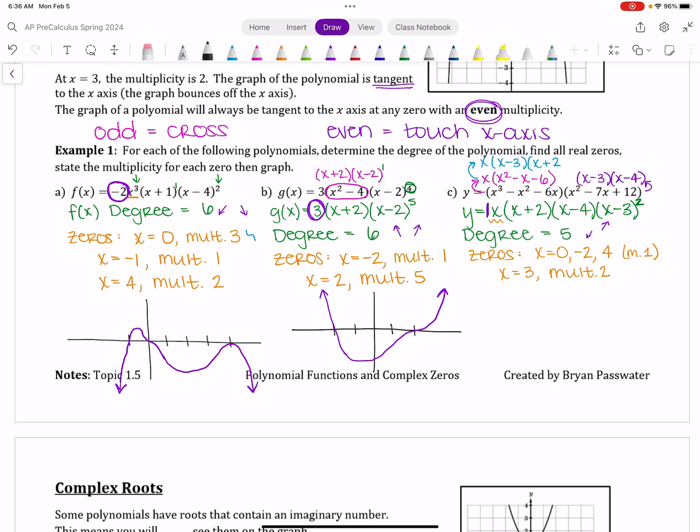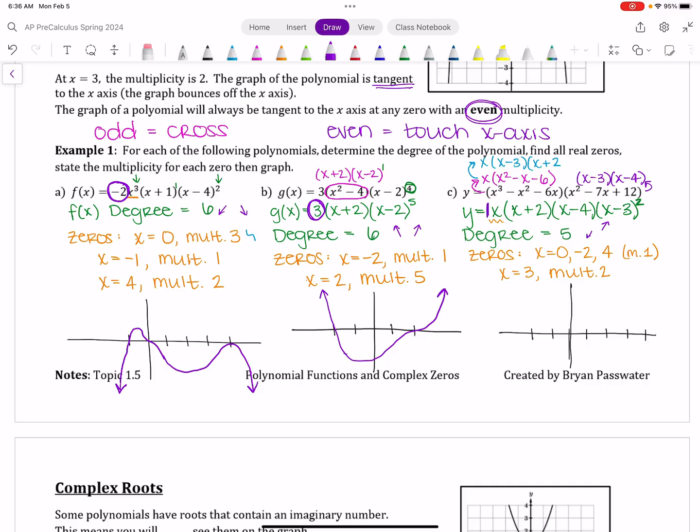So let's sketch our graph going from -2 to 4. So at 0, -2, and 4, we're going to cross through it. And at 3, we're going to bounce right off.